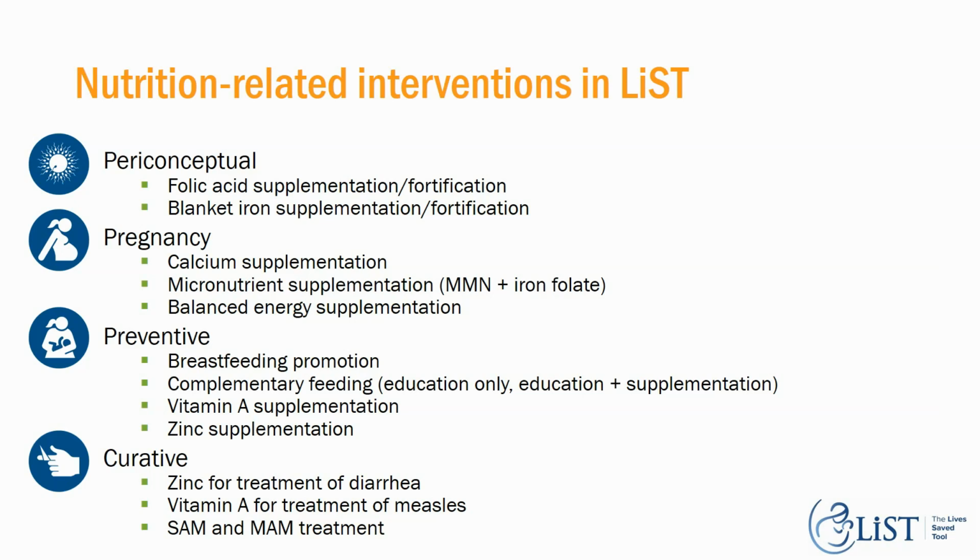We have balanced energy supplementation during pregnancy. Some preventive interventions we have are breastfeeding promotion, complementary feeding, either just the education or the education and the supplementation. We have the vitamin A and zinc supplementation as well. And in terms of curative interventions, we have zinc for the treatment of diarrhea, vitamin A for the treatment of measles, and then SAM and MAM for addressing wasting.